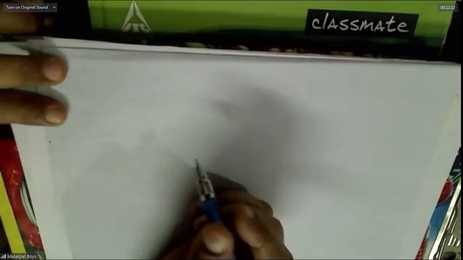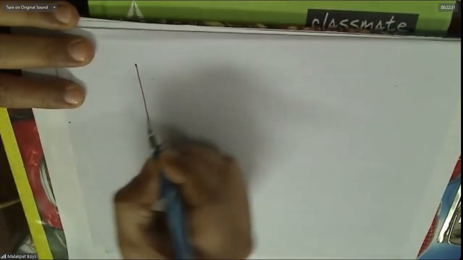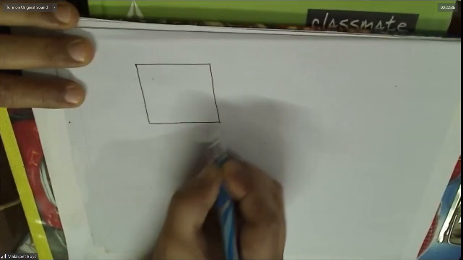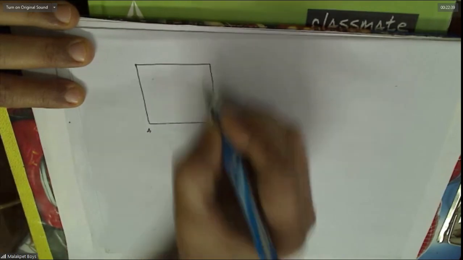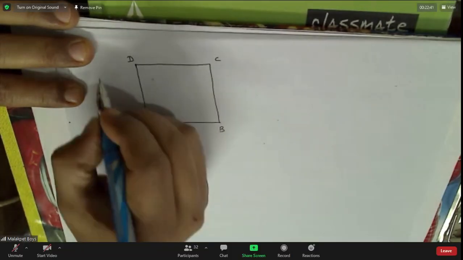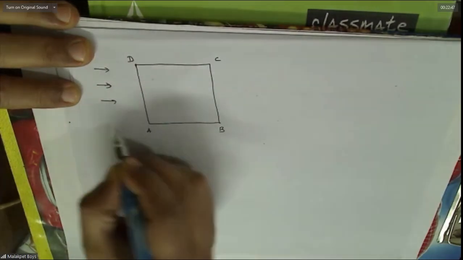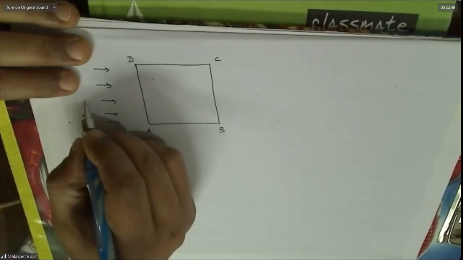Now let us see. What he is asking is, at what angle should he fly? This is A, B, C, D. This is velocity of wind with respect to ground.